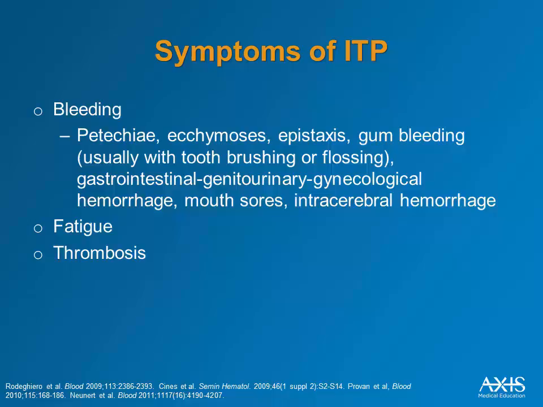Mouth sores or little, quote, sacks of blood, unquote, off the buccal mucosa are usually a sign of very low platelets and a potentially increased risk of serious bleeding, such as the worst bleeding, which is an intracerebral or intracranial hemorrhage. On another note, there may be fatigue in a significant number of patients when their platelets are low for not yet completely discovered reasons, and ITP, although it's a thrombocytopenic hemorrhagic disease, may be associated with thrombosis.